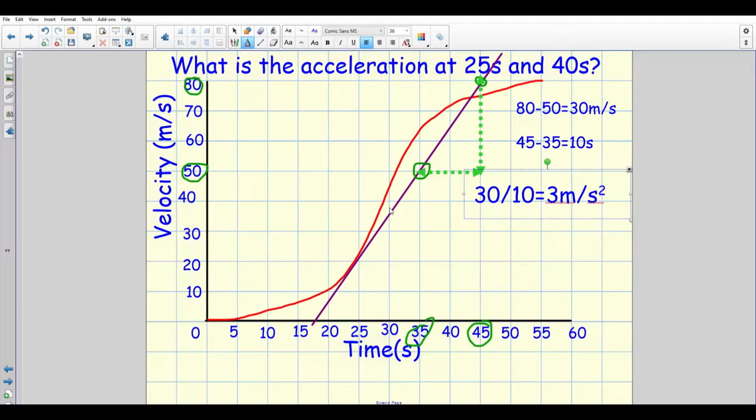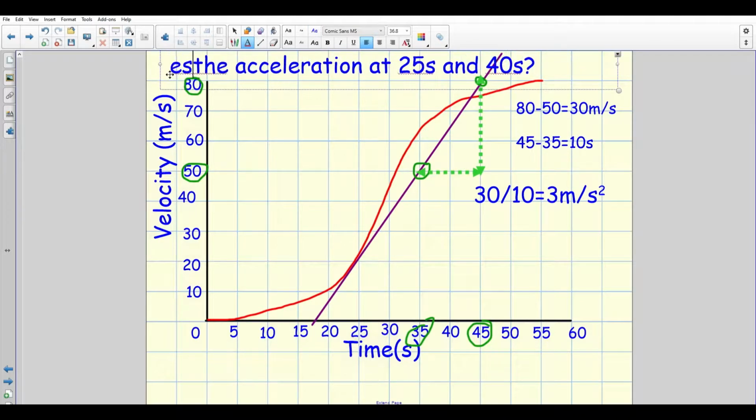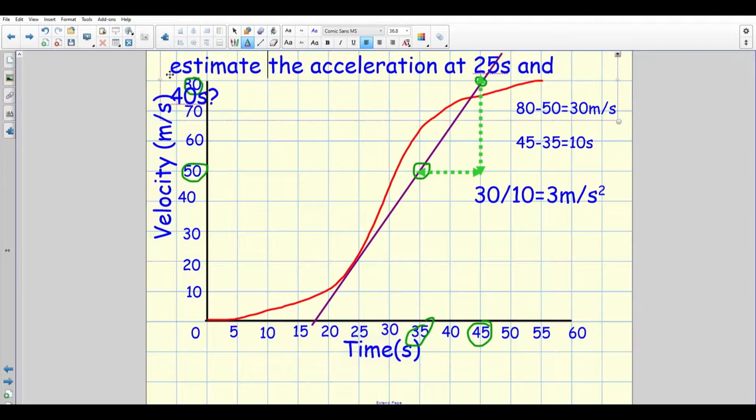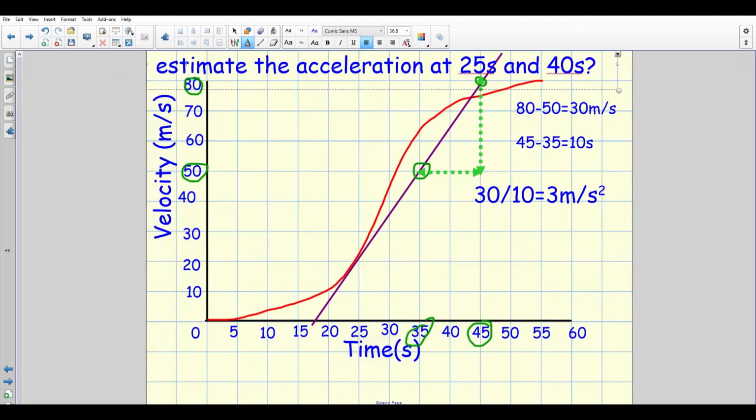If I pick this point here, that's probably 21 seconds. Just estimate. This is all an estimate, by the way. It will always say estimate the acceleration, because it's never going to be a perfect thing, and it will give a range of results.